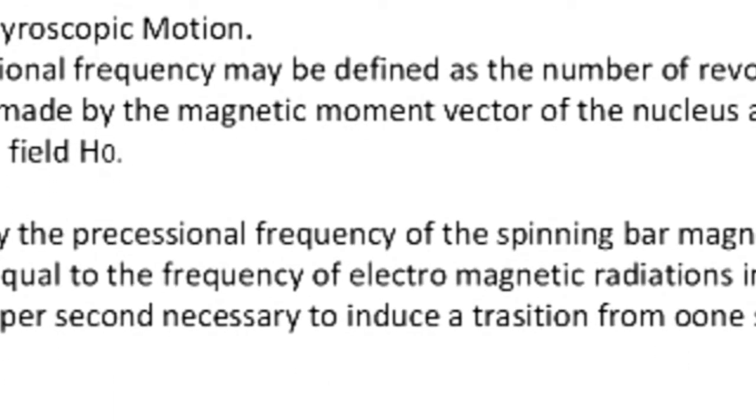Alternatively, the precession frequency of the spinning bar magnet may be defined as equal to the frequency of electromagnetic radiation in megacycles per second necessary to induce a transition from one spin state to another.